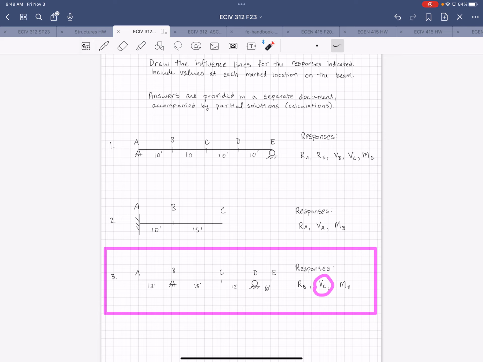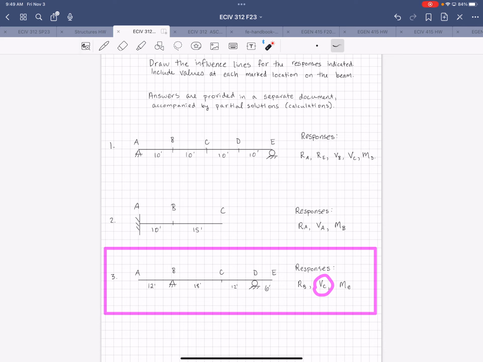So does anyone have a value for the reaction at B when the unit load is at C? Because we'll need that to calculate the points at C for this diagram. So I'll give you a hint.